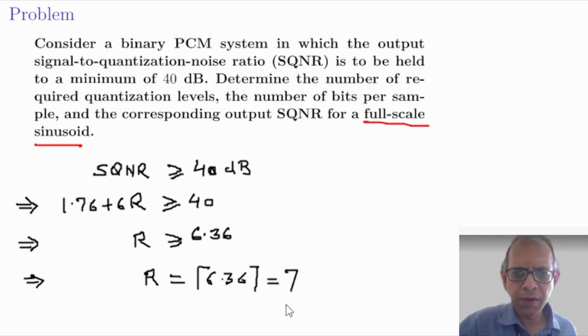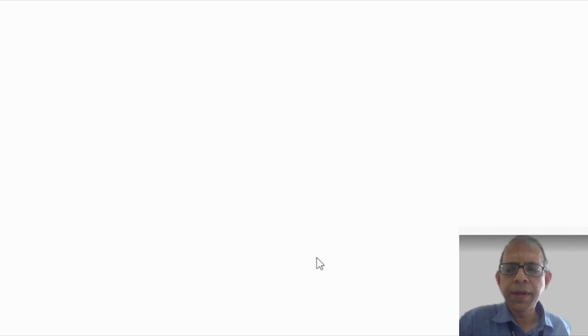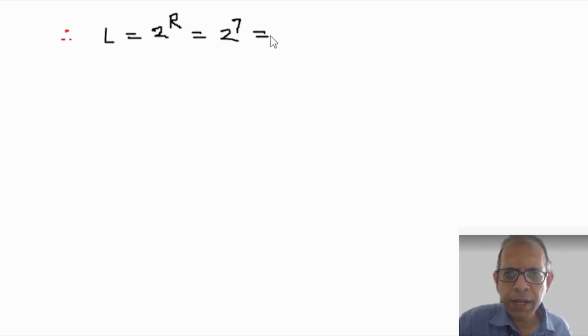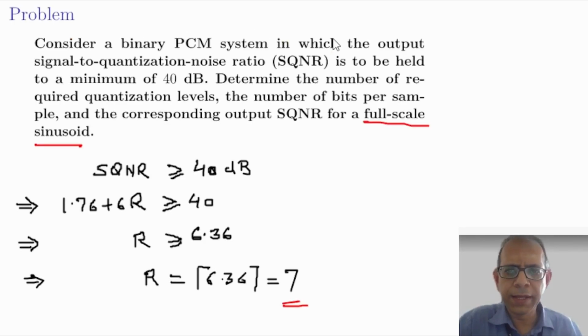This is one result. With R equal to 7, the number of quantization levels L equal to 2 to the power R equal to 2 to the power 7 is 128. So the next result. And finally, the third thing asked is the corresponding output SQNR.